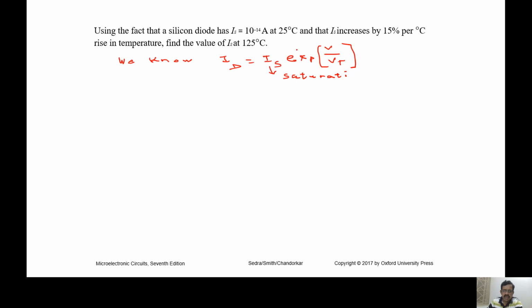So knowing the V, we can find the current that passes through at a particular temperature.